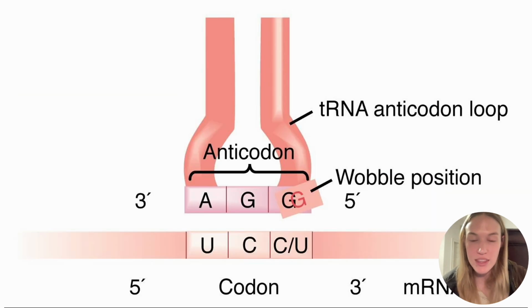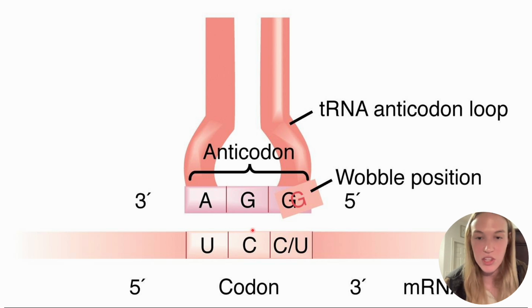And so if we look at this image, I think it does a really good job. So you have your first base that really can't change because that seems important to determining the amino acid. The second base also can't change, but the third one could. So this is called the wobble base or the wobble position. So if G can base pair with C, which is what we would expect, cool, it's going to bring the correct amino acid.